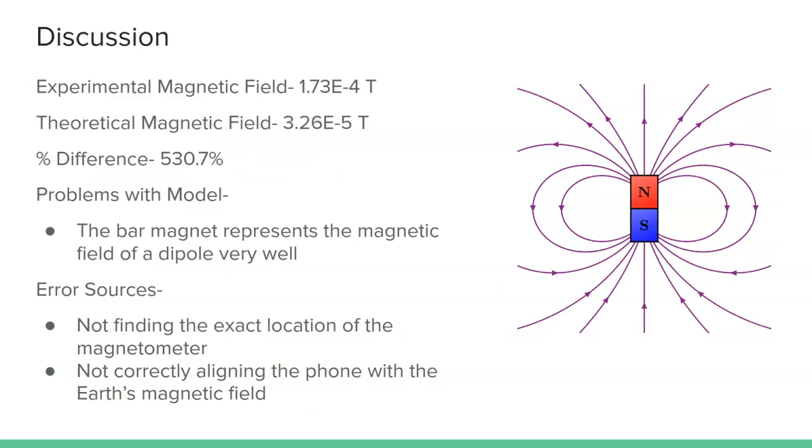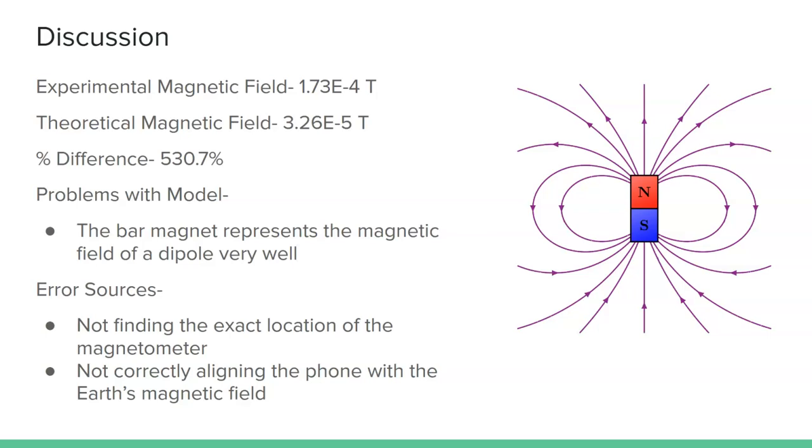For the discussion, the experimental magnetic field was 1.73 e -4 Tesla, and the theoretical magnetic field was 3.26 e to the -5 Tesla, which gave me a difference of around 530%. So that's not very good, but the model is fine.